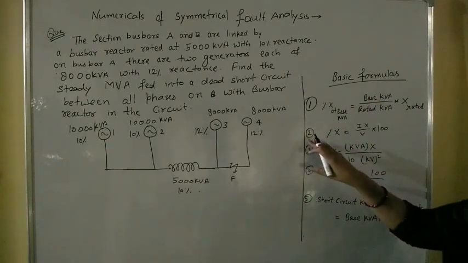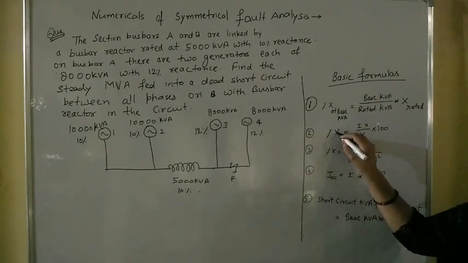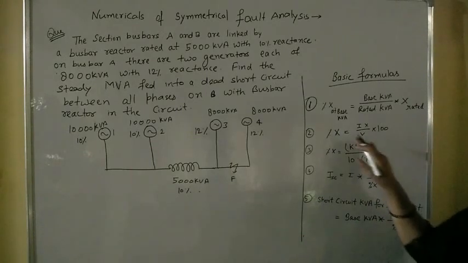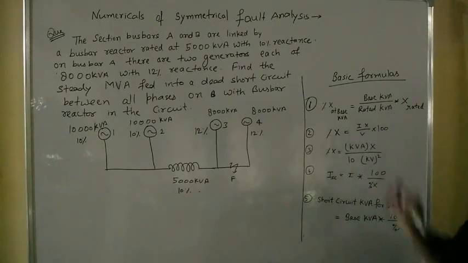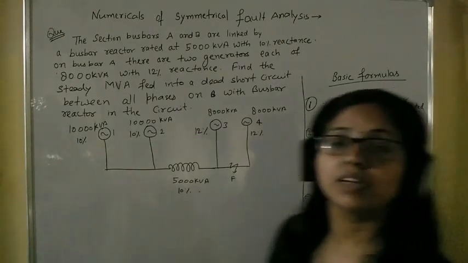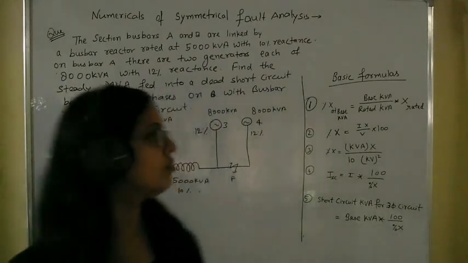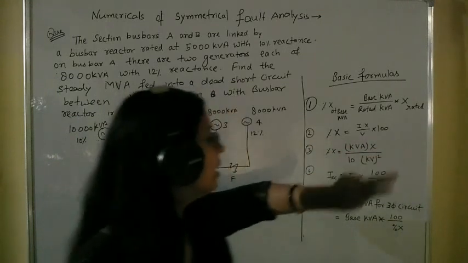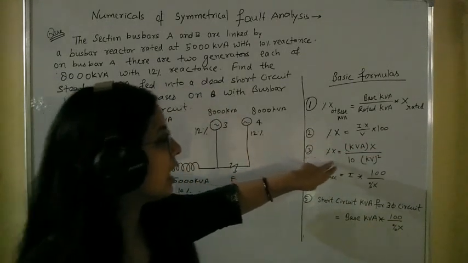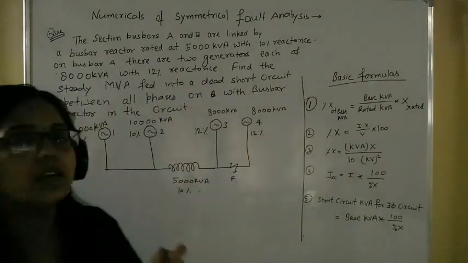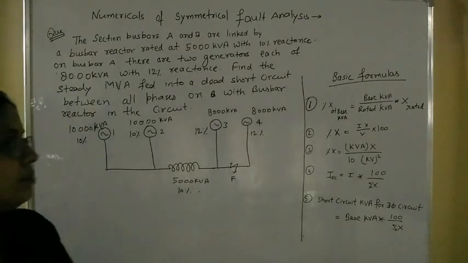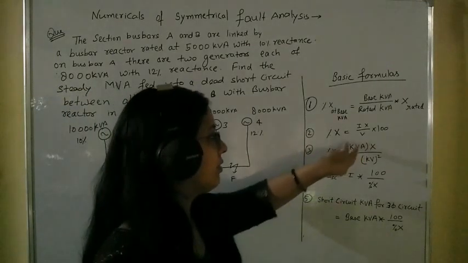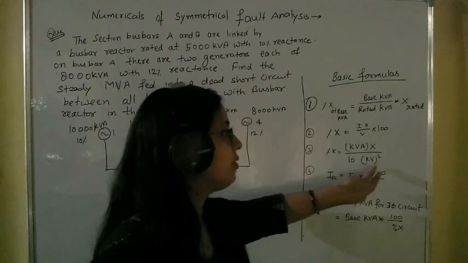Then next formula is this, where the reactance value is given in ohm, then we will find that value in percentage of x by using this formula. Then the third equation is like this, where the rating of the equipment is given, means kVA rating and kV value.